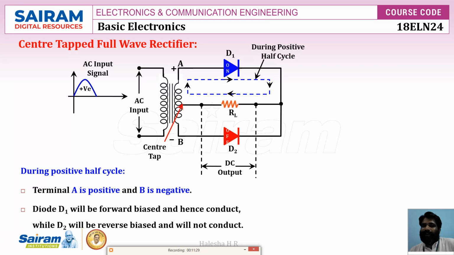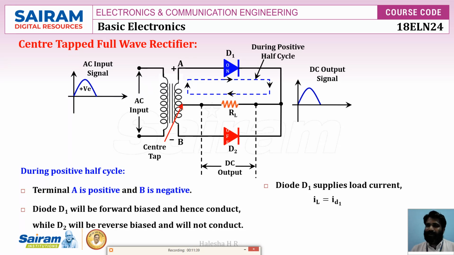So this is the direction of current flow during positive half cycle through diode D1. So hence it allows positive half cycle. This is the corresponding DC output signal. That means diode D1 supplies the load current. Load current IL is equal to ID1, current through D1.